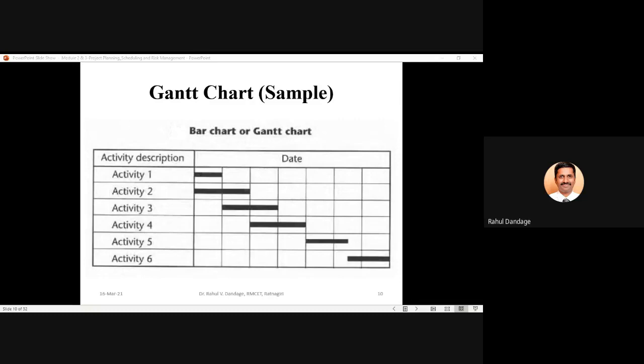So maybe it will require 1 week and some 3 to 4 days, so 1.5 weeks. That is the work related to activity number 5. Similarly, activity number 6 starts at the point activity 5 finishes, midway in week number 6, and it is completed by the end of week number 7.